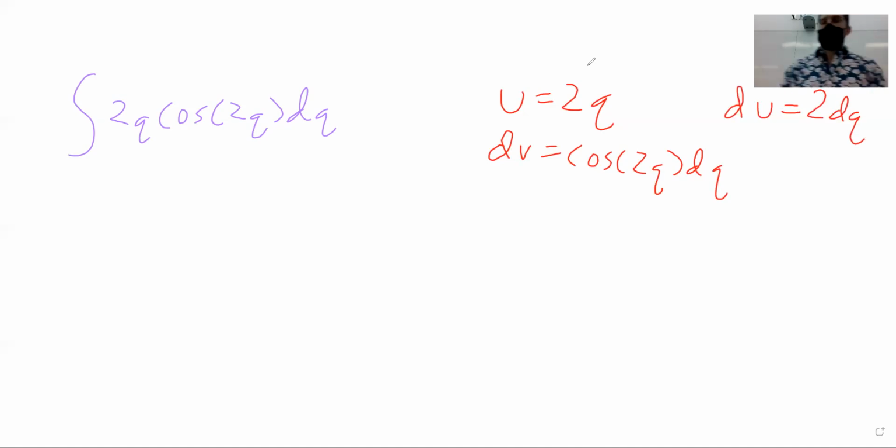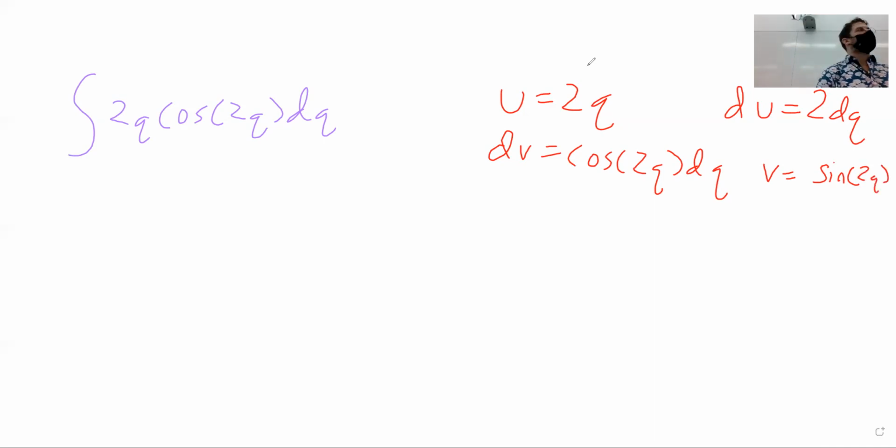All right. If dv is equal to cosine of 2q dq, then what must v be equal to? Okay, so yeah, we're going to have sine of something happening. And it's going to be sine of what? 2q, I agree.